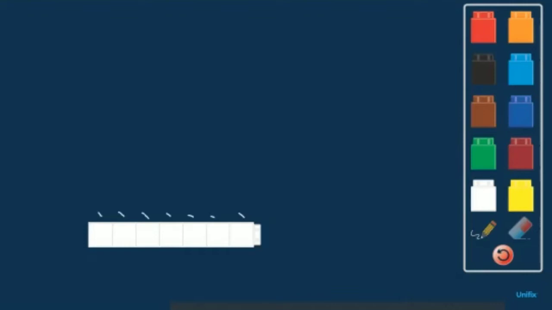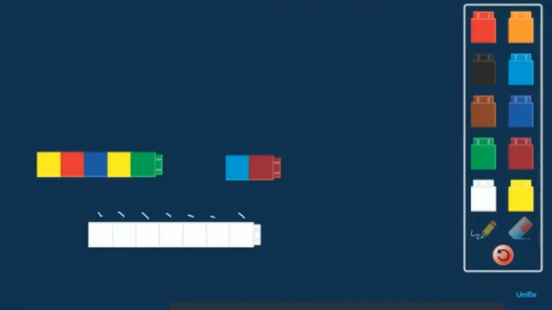So one of the parts will be 5. Let's go. 1, 2, 3, 4, 5. So one part is made up of 5 parts, and the other part will be made of 2 parts. 1, 2. So if we put these 2 parts together, we need to make this whole.